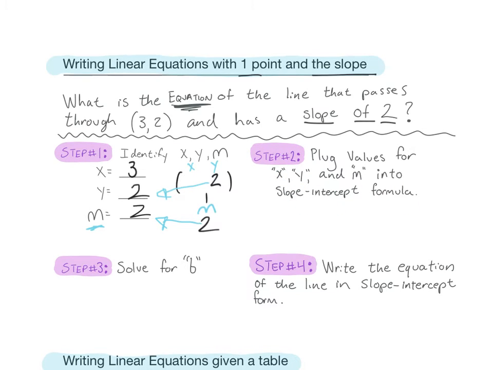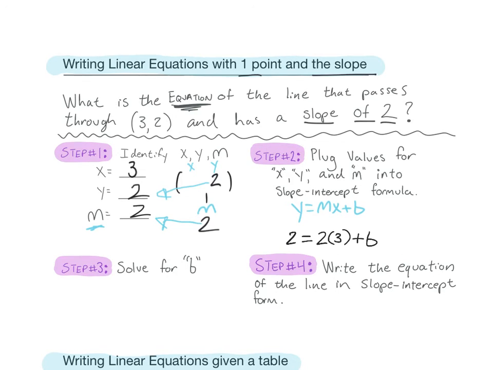Our slope-intercept form, you should be familiar with it. It is y equals mx plus b. So the values we just found over here, 3, 2, and 2, we're going to plug into this formula. So let's plug those in. And y is 2, m is 2, x is 3, and b we don't have.